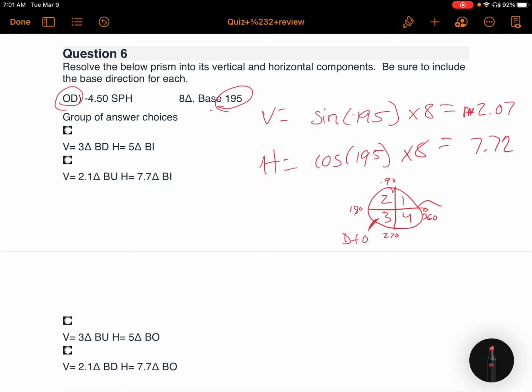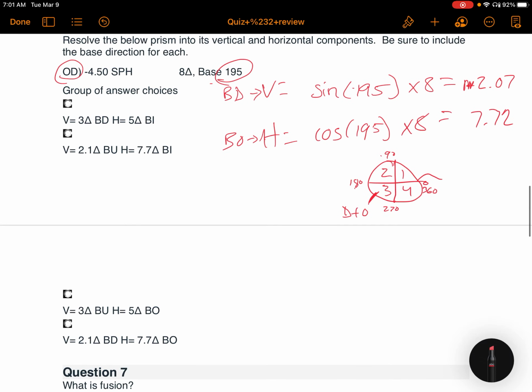So we have our base directions of base down for vertical and base out for horizontal. So basically, we just find our answers. The vertical is 2.1 base down. And then we should have 7.7 base out right there. So that's our answer.